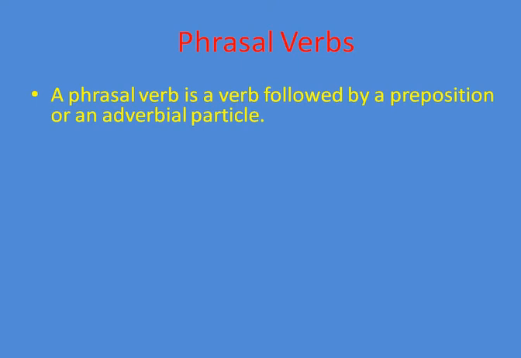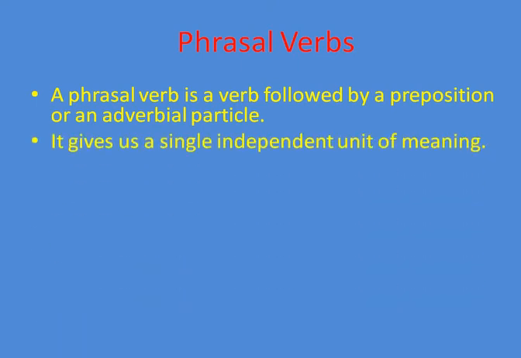A phrasal verb is a verb followed by a preposition or an adverbial particle. It gives us a single independent unit of meaning. Here I mean to say that the verb part may have a different meaning, the preposition part may have a different meaning, but when they are put together as a phrasal verb, it conveys an entirely different meaning.